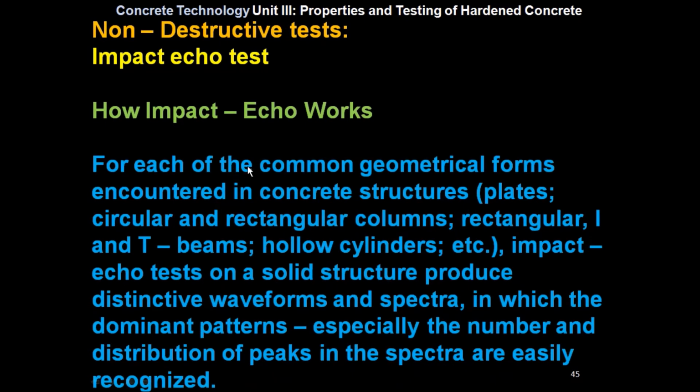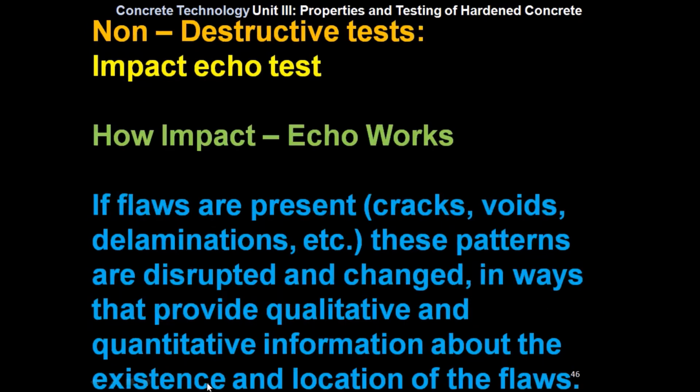For each of the common geometrical forms encountered in concrete structures, plates, circular columns and rectangular beams, I-beams and T-beams, hollow cylinders, etc., impact echo tests on a solid structure produce distinctive waveforms and spectra in which the dominant patterns, especially the number and distribution of peaks in the spectra, are easily recognized.